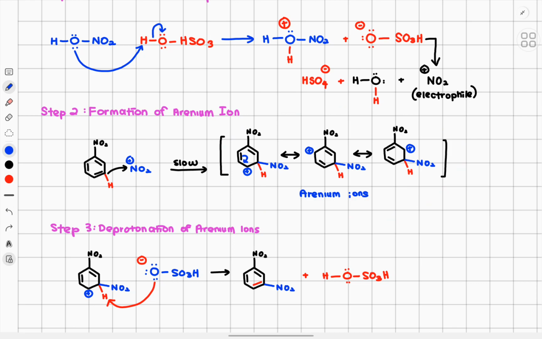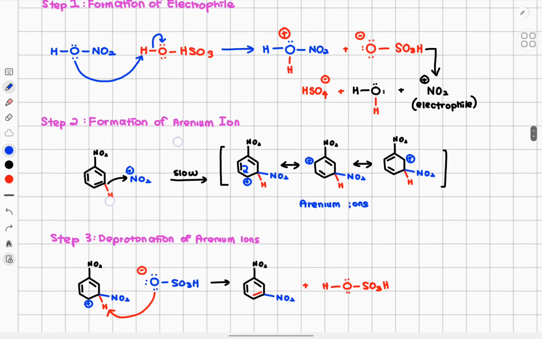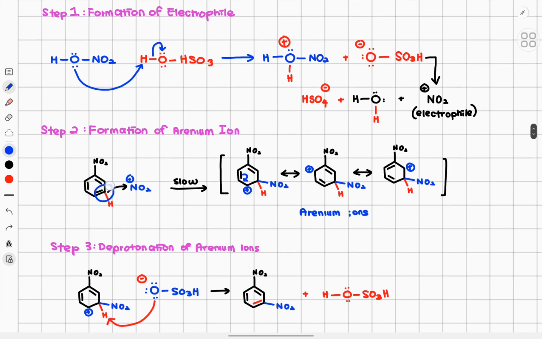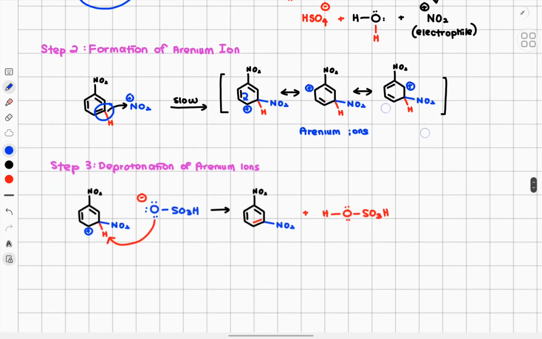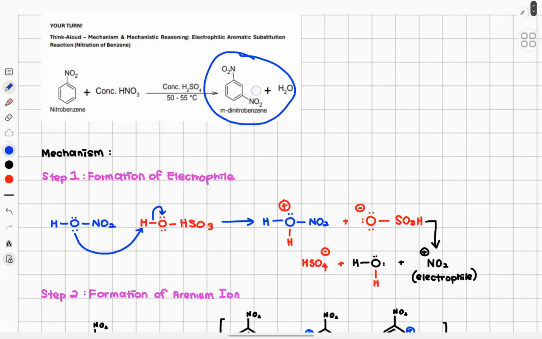The electrophile will bind to this site because we can see from the given product that the electrophile, which is the NO2, will bind at the carbon here.